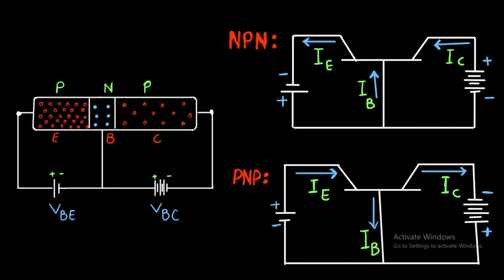So therefore the transistor is the most important component in modern technologies, the most important element in electrical circuits in modern technology.